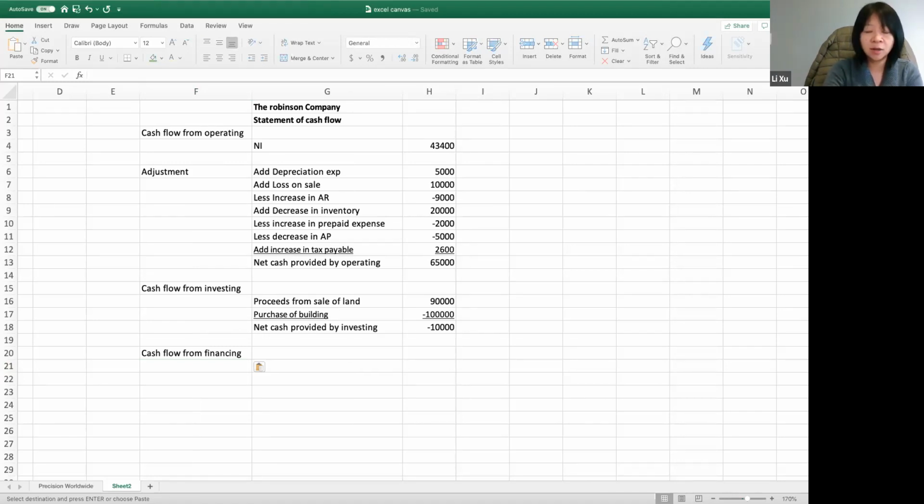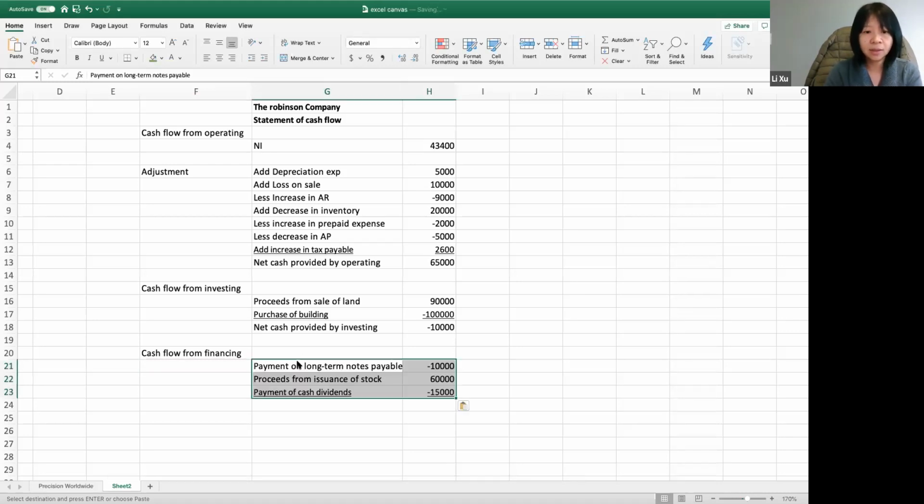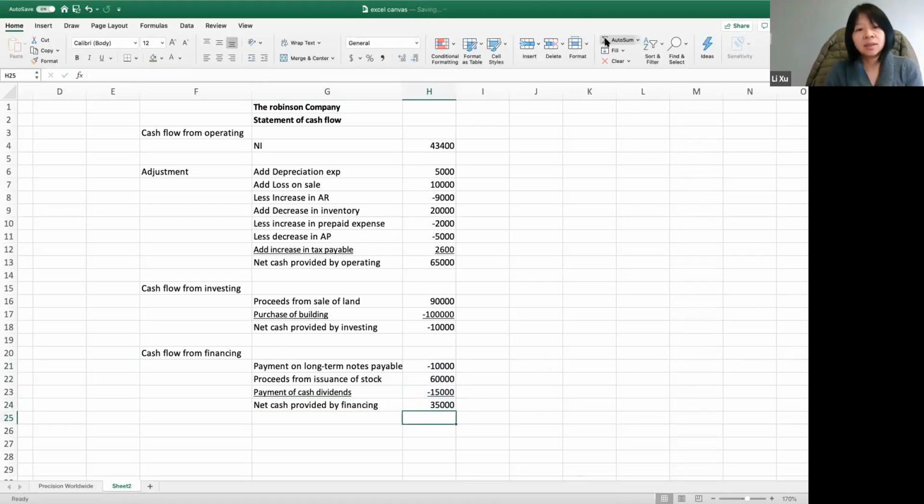Second, issuance of stocks. Third one should be dividend payment. Okay, so that's what I have here. That gives you the cash flow provided by financing. Sum everything.